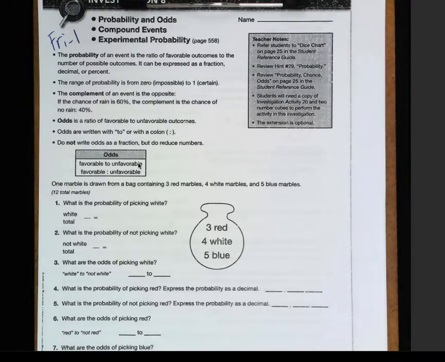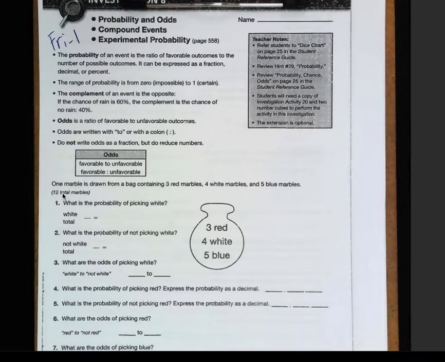Odds can be improper. Probability is not. The times we use odds is mainly with gambling. What are the odds somebody wins a game? What are the odds I win a lottery ticket? If you see the odds of winning, they always express that as this ratio because it makes it look a little bit better.